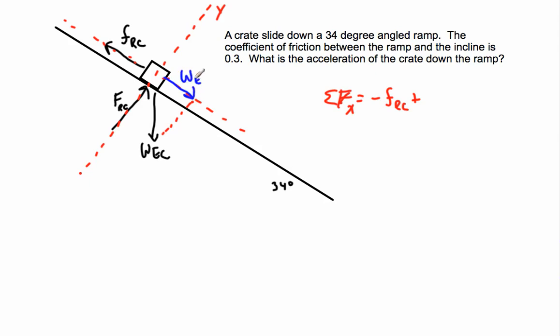We'll call that weight, earth on crate, but only the x component. And of course, similarly, we have a weight, earth on crate, y directed down that way. All right, so this is going to be plus weight earth on crate x equals m a_x. We'll call that positive and that negative. So there's the x equation.